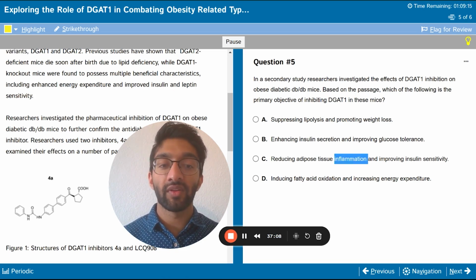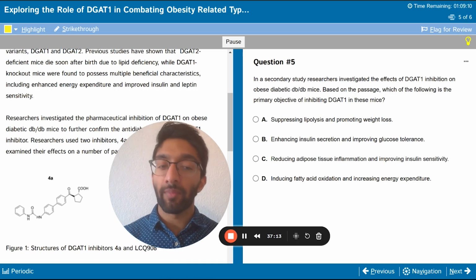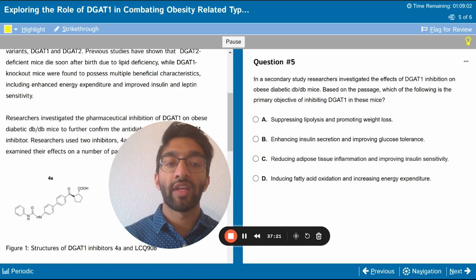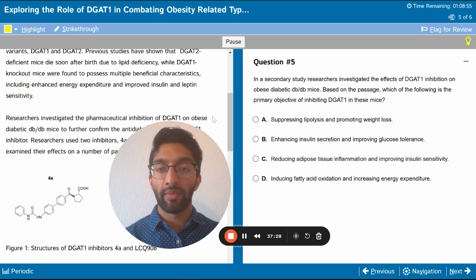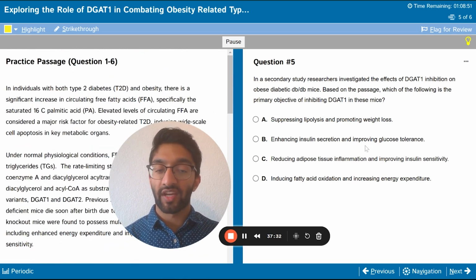So you can think of it as a kind of synonym for apoptosis. If you decrease apoptosis in adipose tissue and improve insulin sensitivity, would that help? Yes. And here it's not saying that DGAT1 necessarily improves insulin sensitivity immediately. It's saying that it's sort of a byproduct. And we also know that type 2 diabetes is mainly a disorder of insulin sensitivity. So this checks both our boxes.